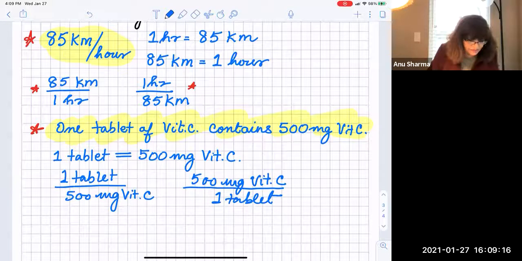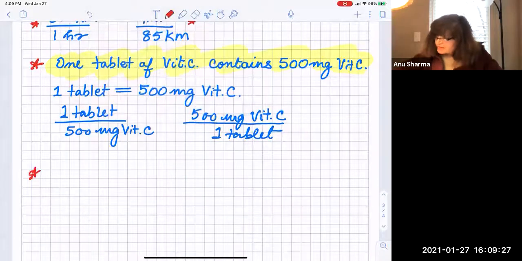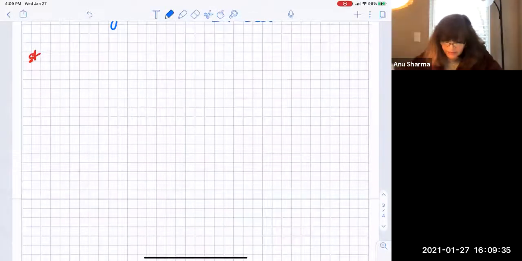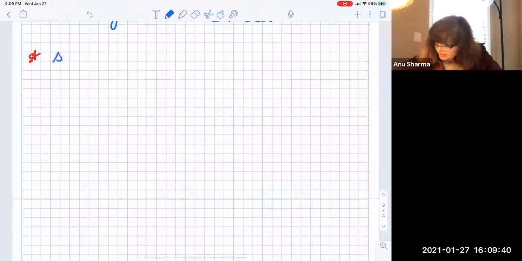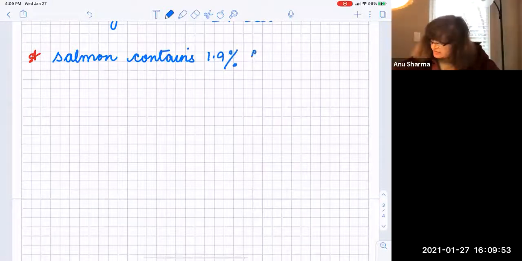Next thing is a very interesting thing, and that is percentages. Look at that percentage now. Here's a very interesting one coming from this problem here. Cold water fish, such as salmon. So here is your salmon. Salmon contains 1.9% omega-3 fatty acids.